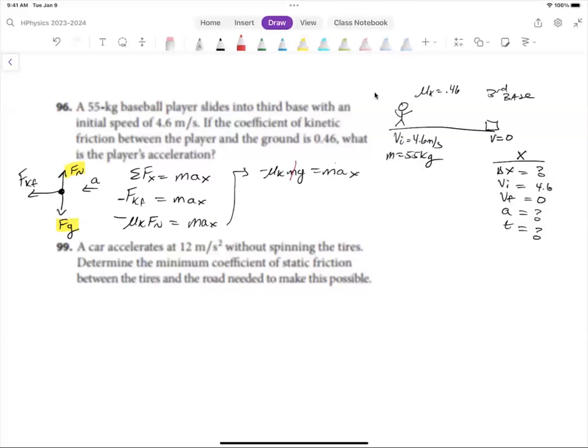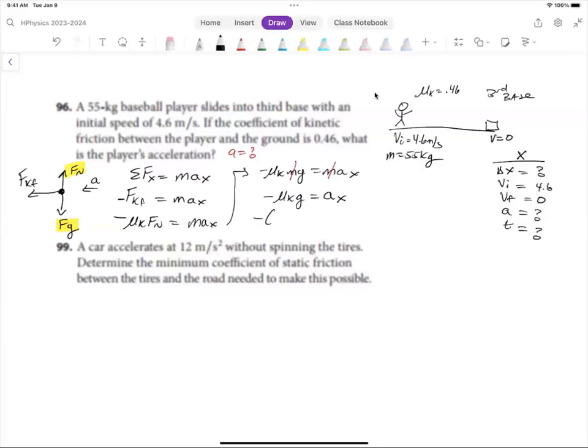Notice that mass cancels. I can divide both sides by mass. What am I trying to find? I'm trying to find acceleration. So I'm trying to get a sub x all by itself. So negative mu k times g equals a x. I can plug in numbers now.